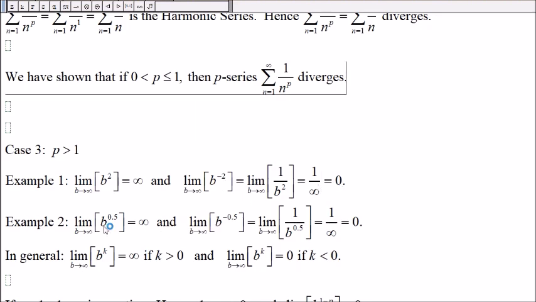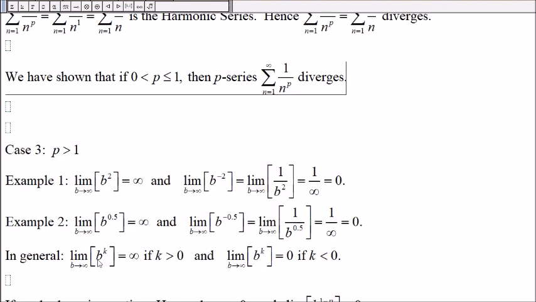So same thing here, if we have b to the 0.5, this exponent is positive. So as b approaches infinity, this quantity right here also approaches infinity. But if the exponent is negative, then it can be rewritten as 1 divided by b to the 0.5. This bottom part here approaches infinity, so we get 1 divided by infinity, which is 0.